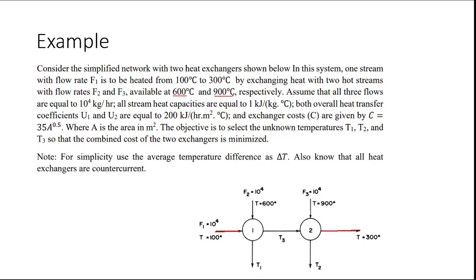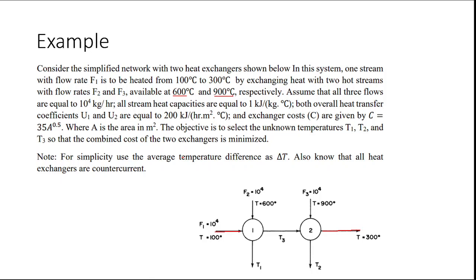Now it says to assume that all three flows are equal to 10 to the power 4 kilograms per hour. So those are the flow rates for all the streams. And all stream heat capacities are equal to 1 kilojoule per kilogram degree Celsius. Both overall heat transfer coefficients U1 and U2 are equal to 200 kilojoule per hour meter square degree Celsius.